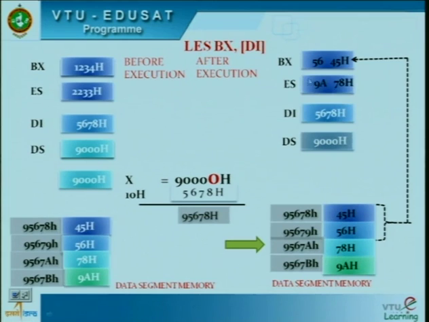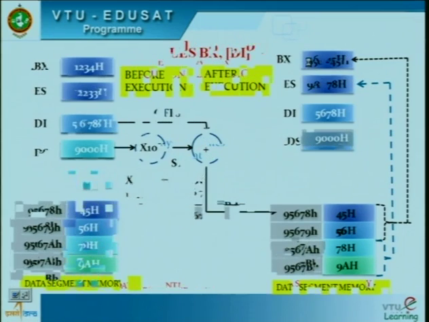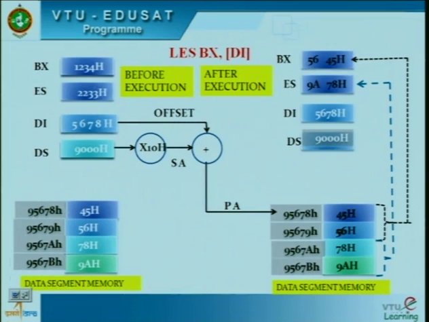Now ES earlier was having 2233H, but now ES has 9A78H. When you add ES with BX, it will point to a new segment location at which you have some predefined data stored. Now how is the physical address calculated?